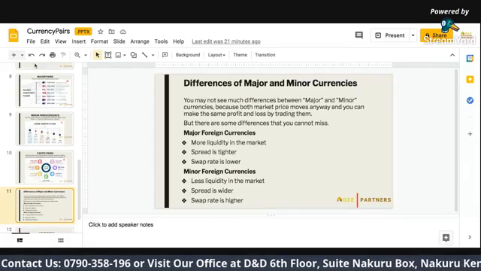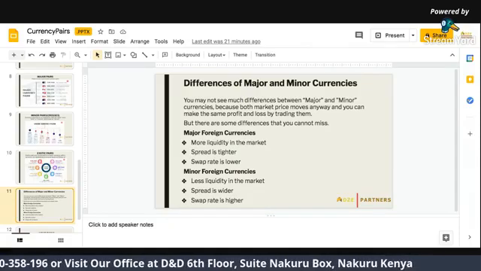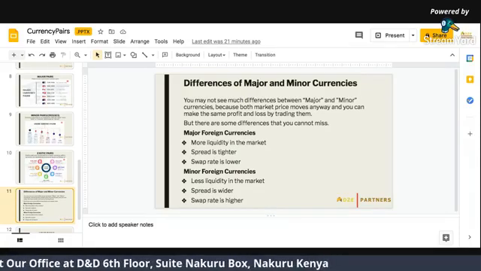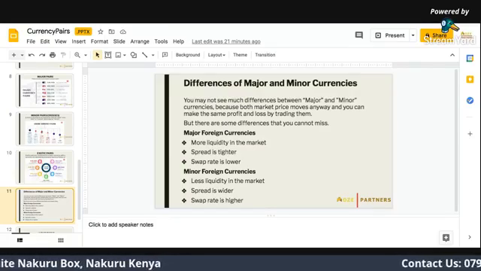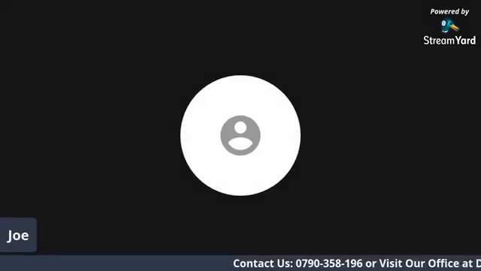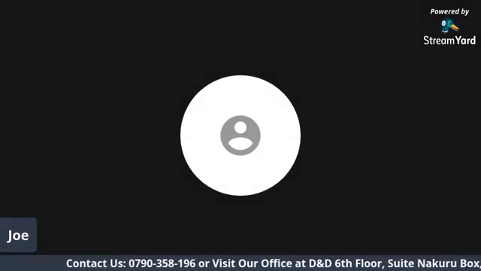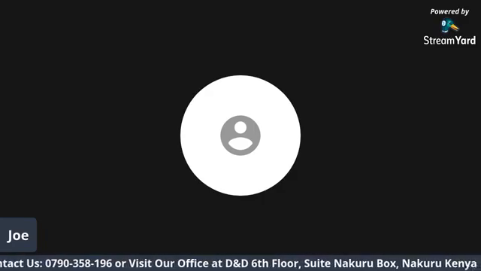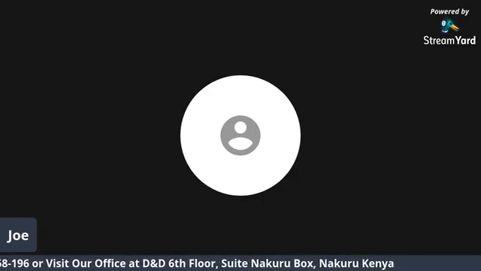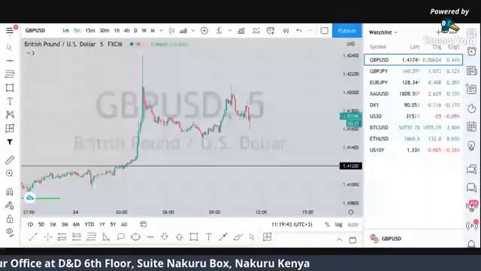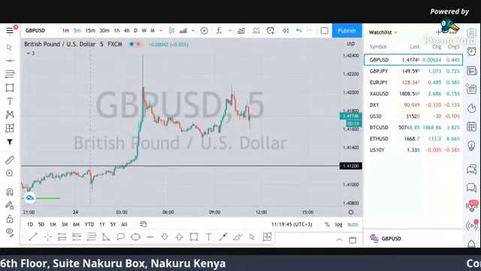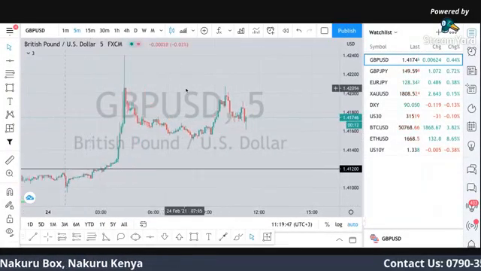Let me share something briefly. I'll take the example of GBP USD. Now this is a live market.